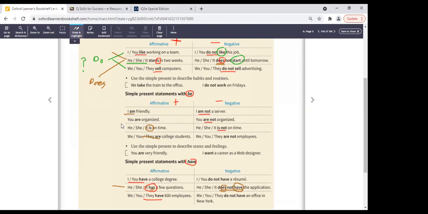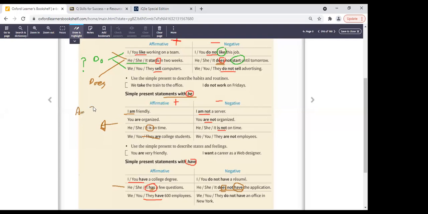I think we've covered everything. The only thing we didn't do is the questions. How do we form a question with the verb be? Abdulaziz? Am I? Good, so we just switched the order of the words.